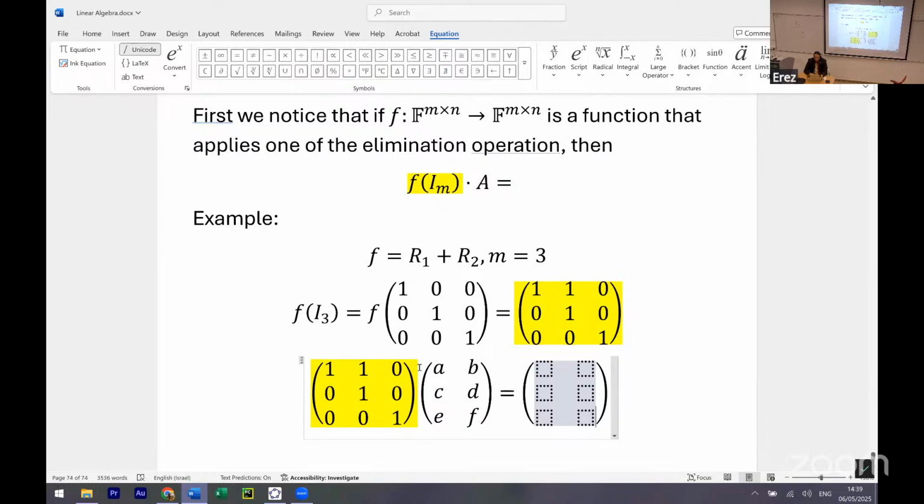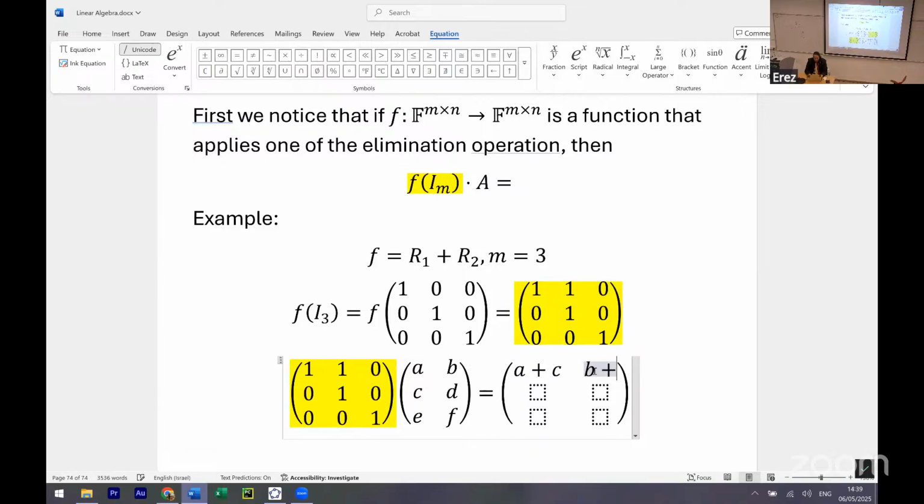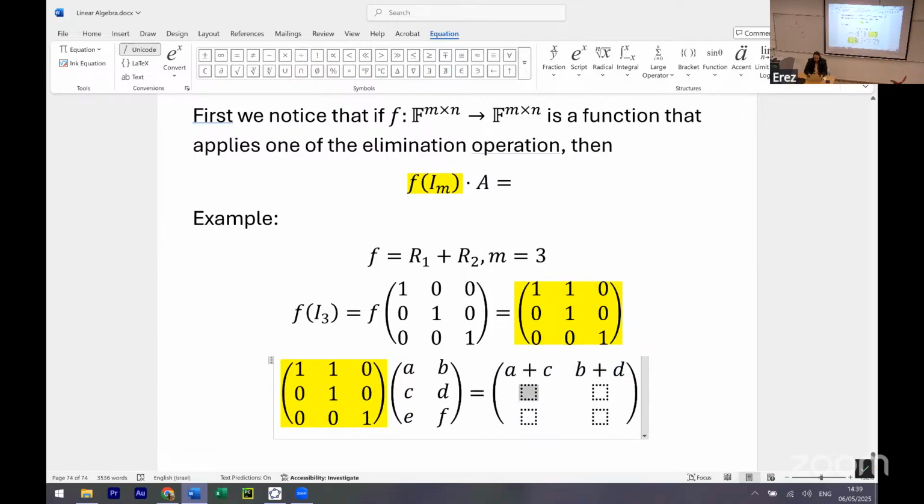It's 1 times A plus C, B plus D, C, D, E, F.